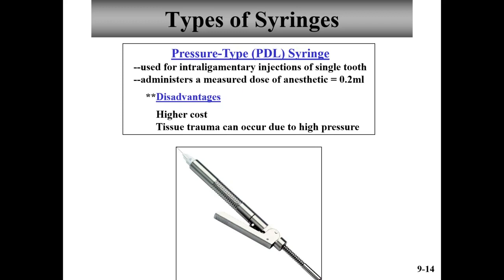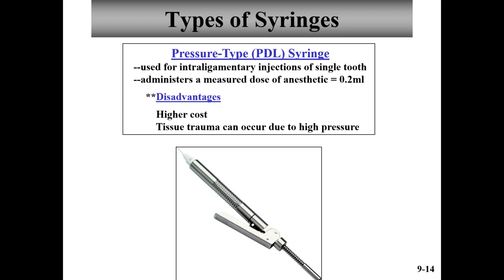You have to take the needle, you go through the junctional epithelium, you go through your connective tissue attachment, your biologic width, you go into where the tooth root and the bone meet, where that periodontal ligament is, and you have to force the tip of the needle into that ligament.